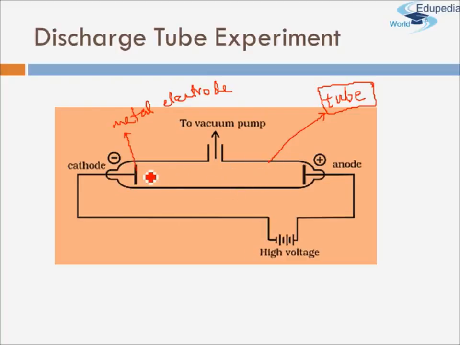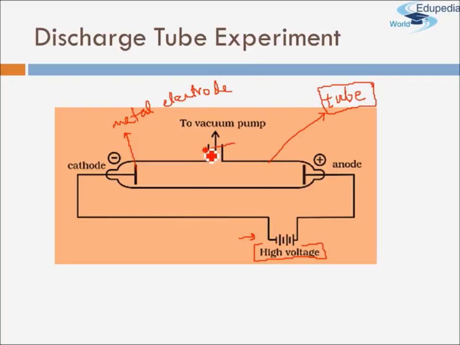Ultimately, for electricity to be there, we need to supply some current. That is done over here using a battery pack, a high voltage battery pack. And lastly we have a vacuum pump.